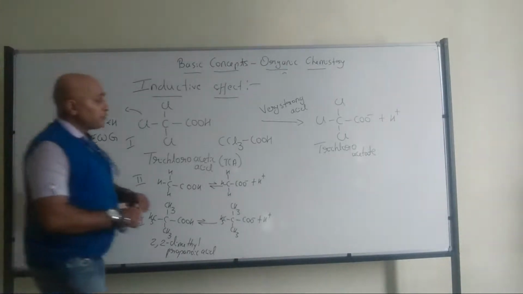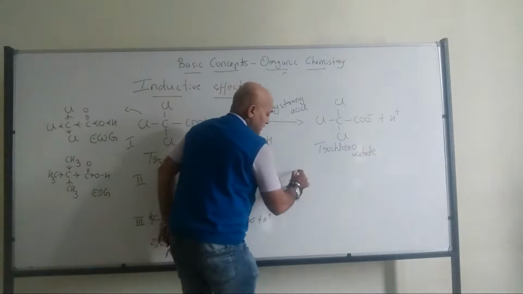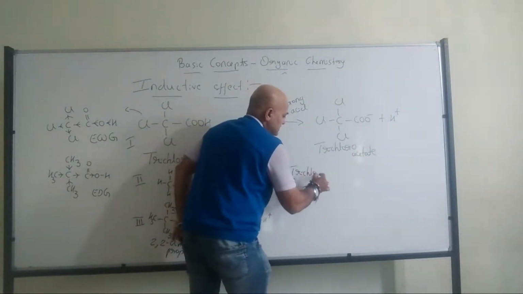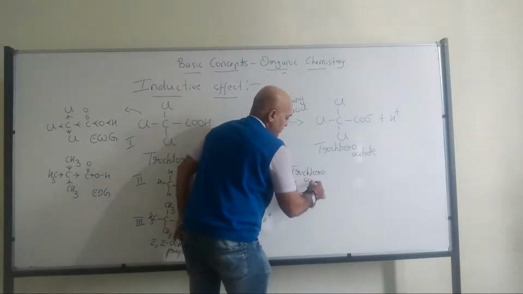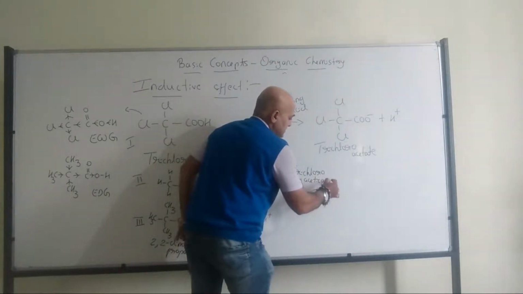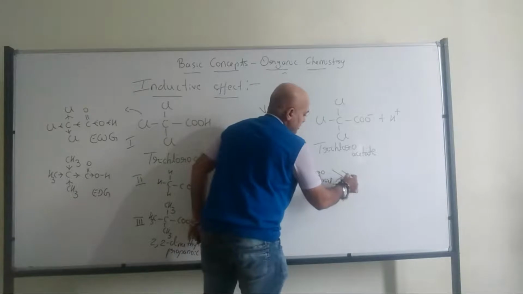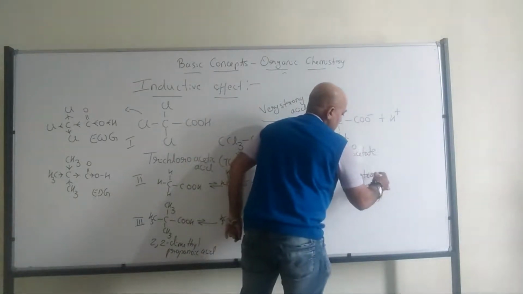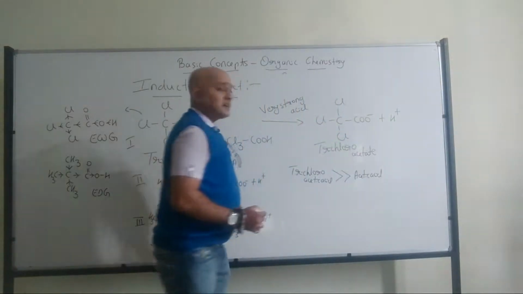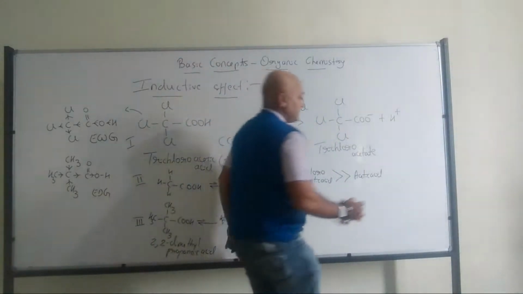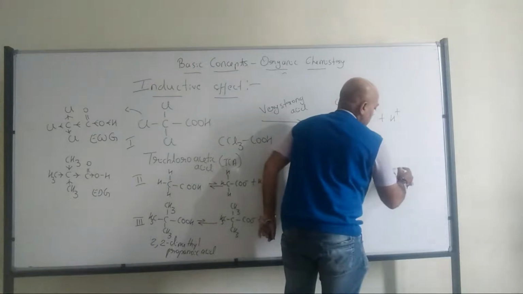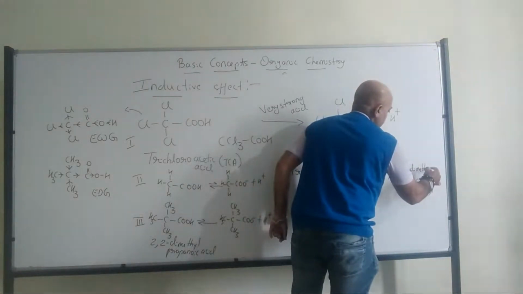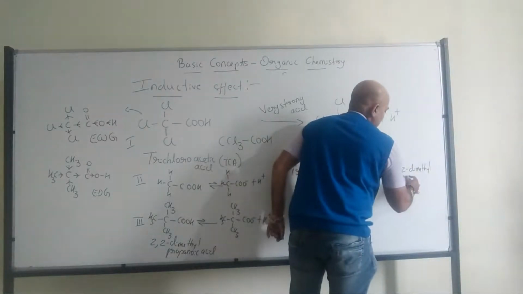Fine. So if I want to arrange, trichloroacetic acid is much stronger compared to acetic acid, and it is stronger compared to 2,2-dimethyl propanoic acid.